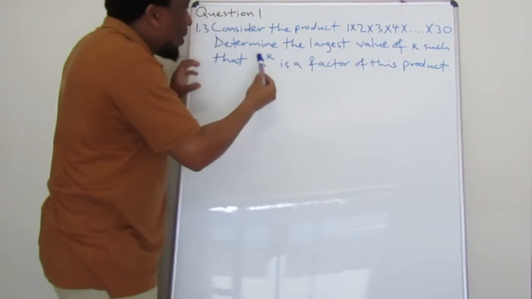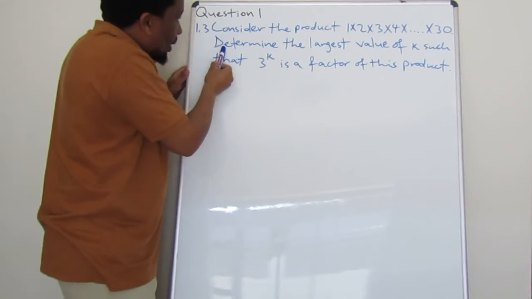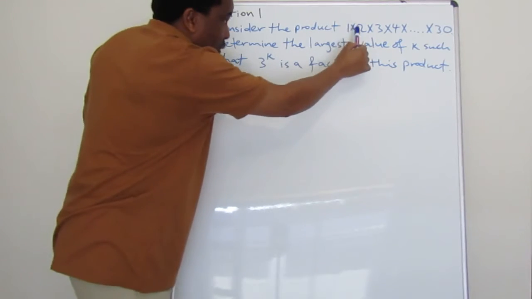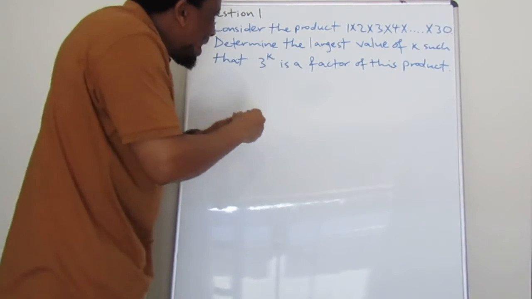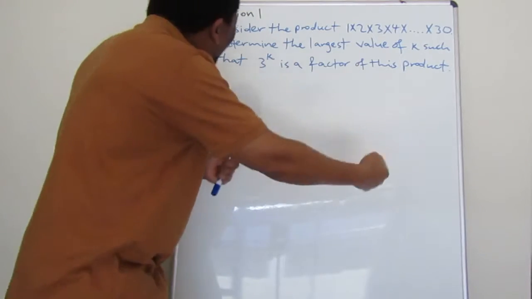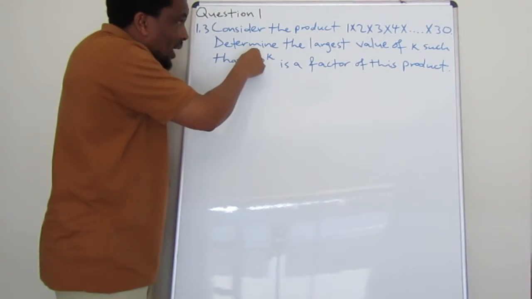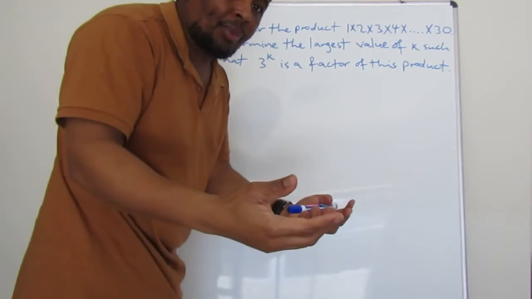So that's what you are given here. Now the question says, determine the largest value of k such that 3 to the power k is a factor of this product, right?